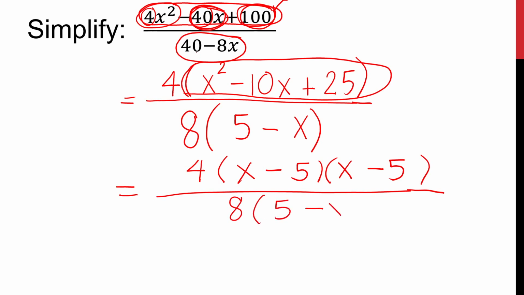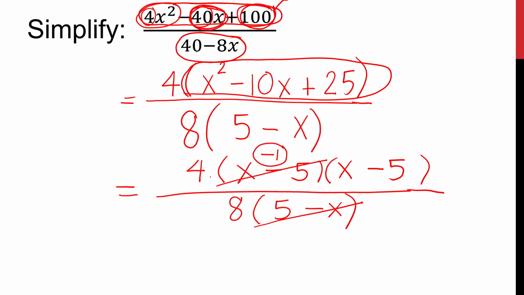Now, here's my question. Is there anything to cancel out or not? Where can we cancel? X minus 5 and 5 minus x. If I cancel them out, what is written? Negative 1. Do you need the negative 1?